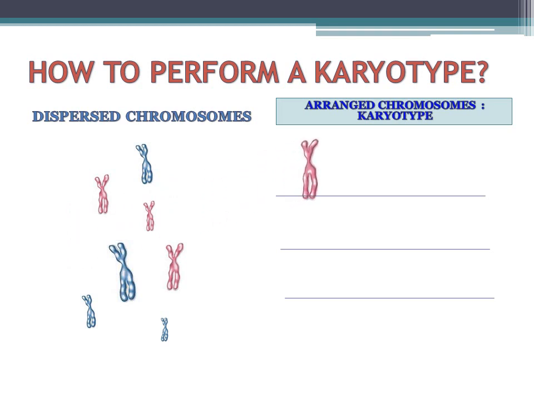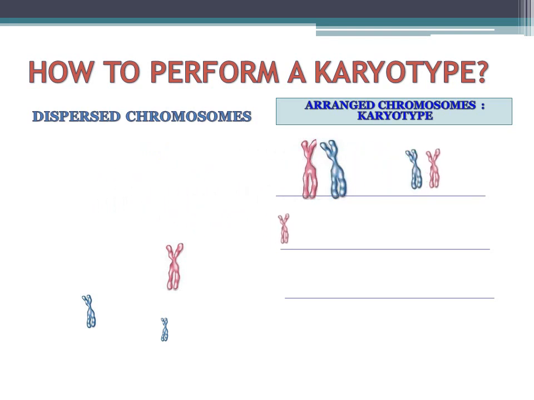We start with the tallest homologous chromosomes, which are paired according to same length, same position of centromeres, and similar banding pattern. We continue arranging the other pairs in decreasing size. The remaining pair is non-homologous since it consists of X and Y chromosomes, X being the longer one.